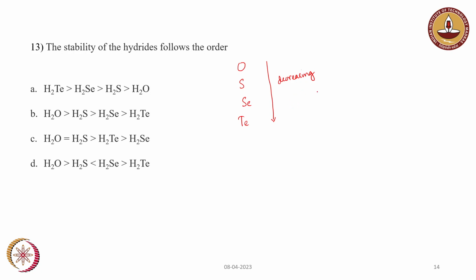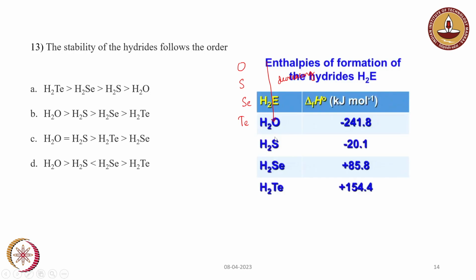This can be explained using the formation energies given here. For H2O, it's highly exothermic and the formation will be highly stable, at minus 241 kilojoule per mole. For H2S, it's still exothermic, but small. For H2Se, it's a positive value. And for H2Te it's highly positive, which is plus 154.4.